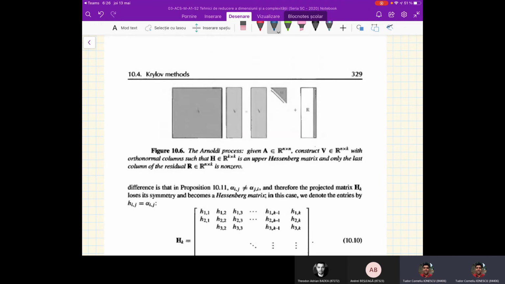So you see AV is V times H plus an update R. So in the Arnoldi process, given a matrix A, you are required to construct V with orthonormal columns such that H, of dimension k, is an upper Hessenberg matrix, and only the last column of the residual R is non-zero.